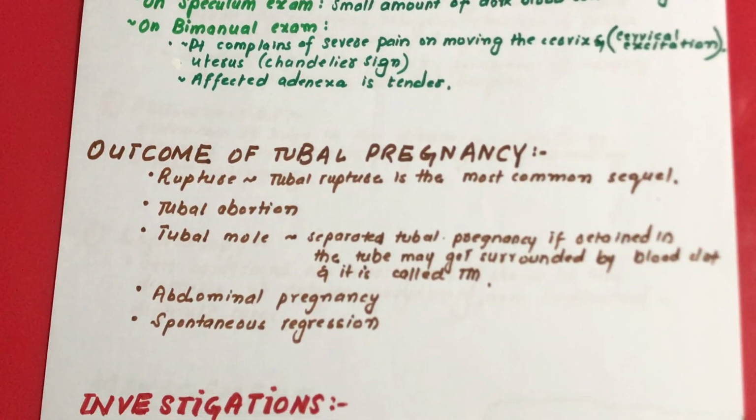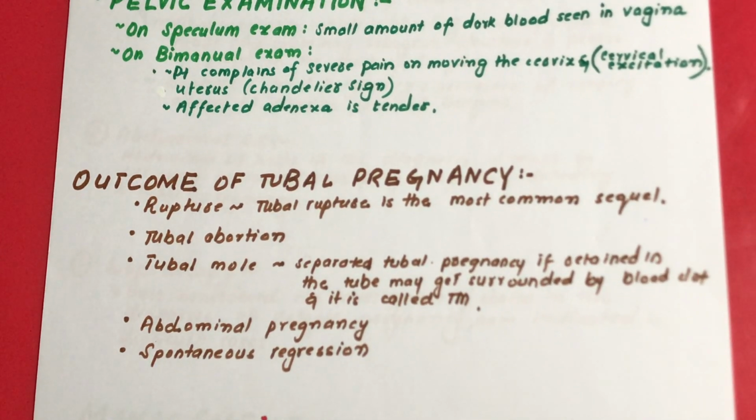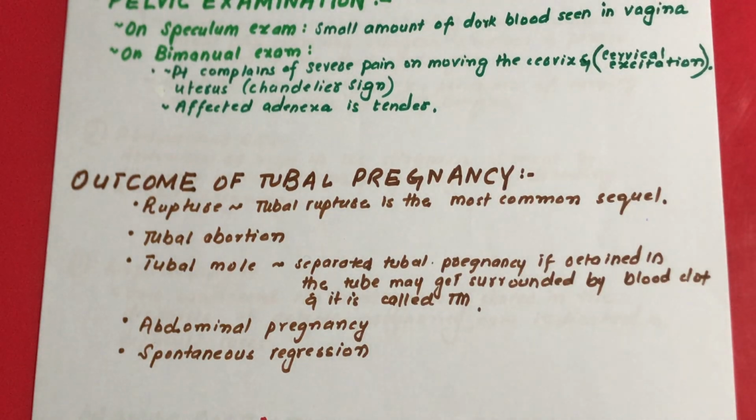What is the outcome of tubal pregnancy? Well, there are 5 to 6 outcomes of tubal pregnancy. The first is rupture. Tube rupture is the most common sequel of tubal pregnancy, which is responsible for its seriousness.